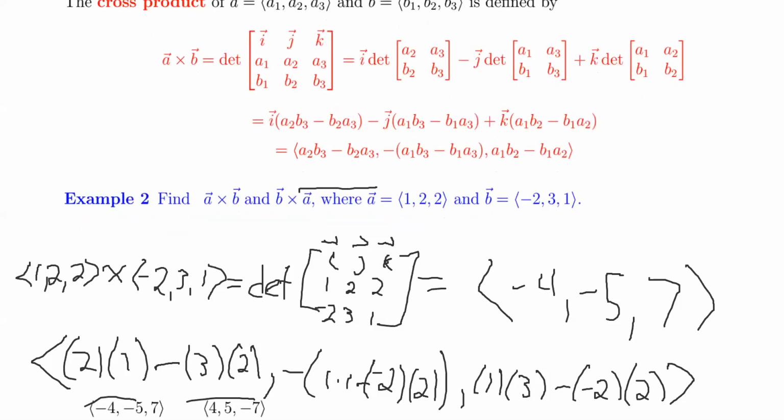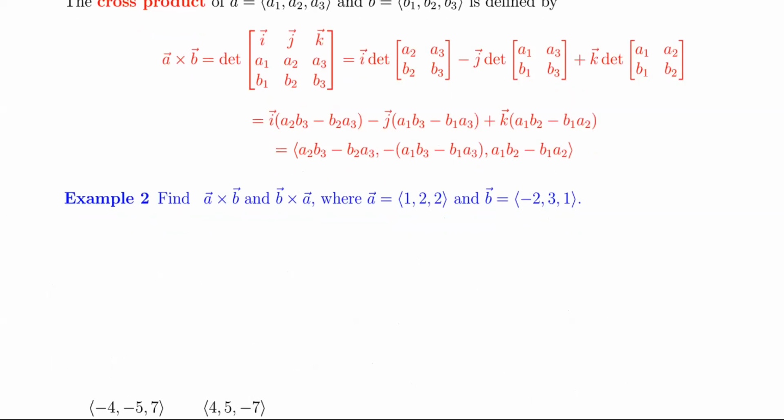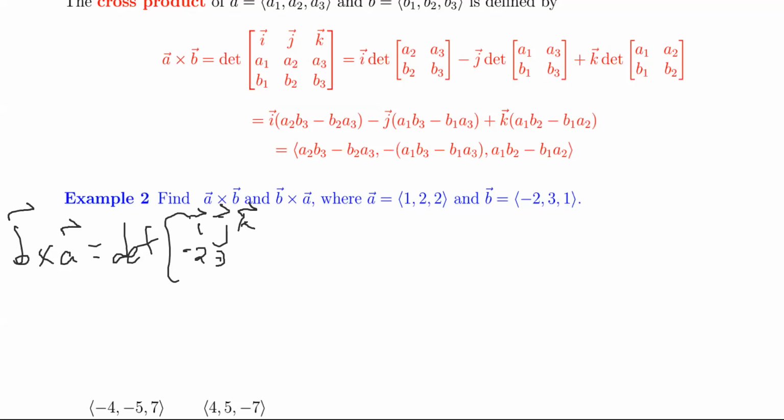And let's clear that out and do the other example. The other example is B cross A. So this is the determinant of i, j, k. And now we have B in the second row, so negative 2, 3, 1, and 1, 2, 2 in the third row.